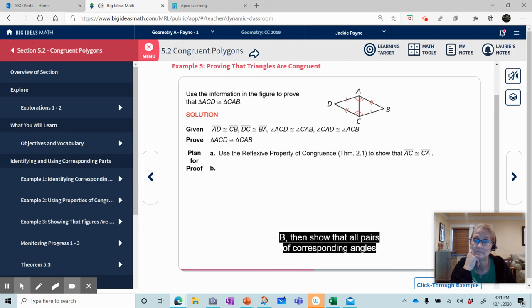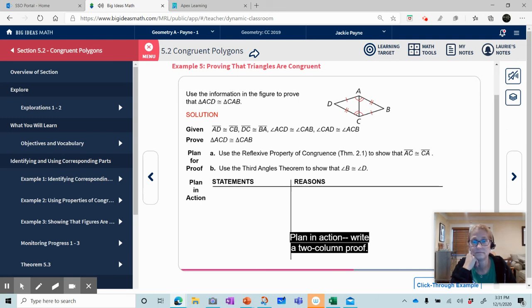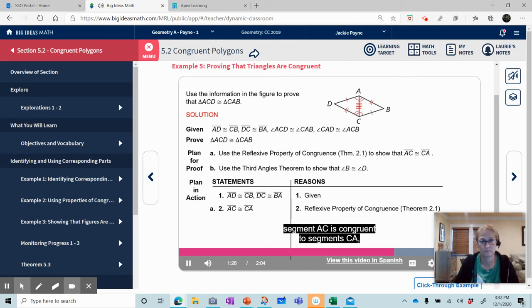B. Then show that all pairs of corresponding angles are congruent. Notice that you are given that two pairs of corresponding angles are congruent. Use the third angles theorem to show that angle B is congruent to angle D. Plan in action. Write a two-column proof. You are given that segment AD is congruent to segment CB and segment DC is congruent to segment BA. By the reflexive property of congruence, segment AC is congruent to segment CA.